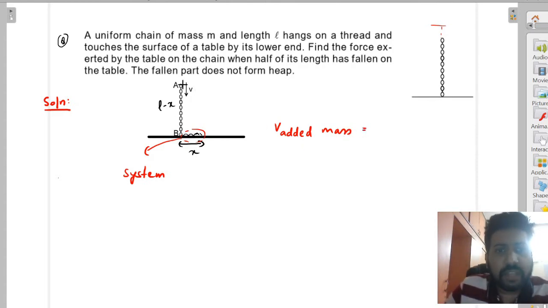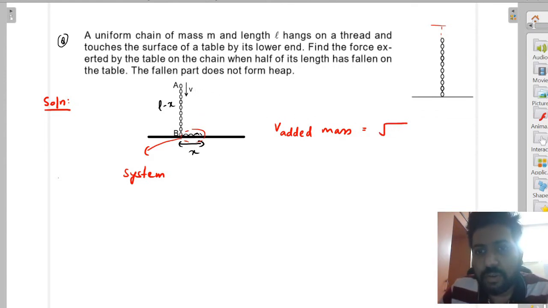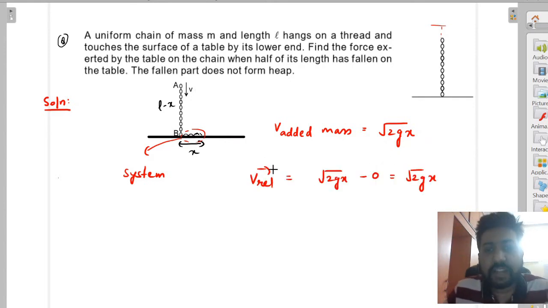So if x length of the chain has fallen, the chain has attained a velocity root 2gx. So the velocity of the added mass to this system is root 2gx. The velocity of the added mass minus the velocity of the system, which is 0, will be equal to root 2gx, and this direction will be downwards.